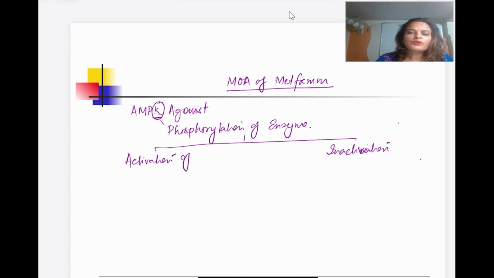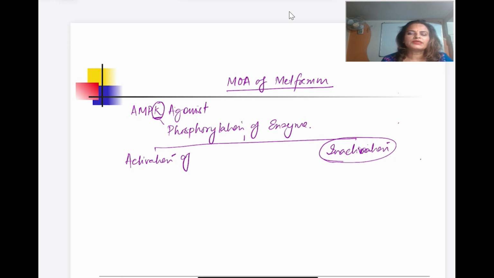Now activation of which type of enzyme will it cause? It is going to cause the activation of those enzymes which cause the utilization of glucose, so that glucose level is decreased, by utilization of the glucose or it gets deposited. And inactivation of the enzymes which cause the production of glucose, like gluconeogenesis.